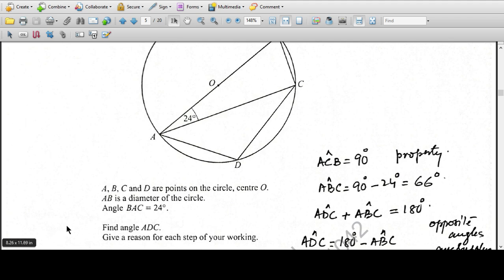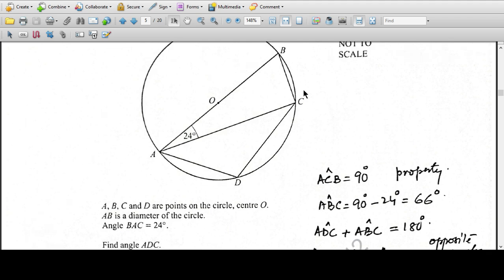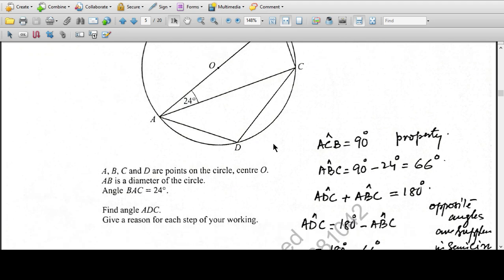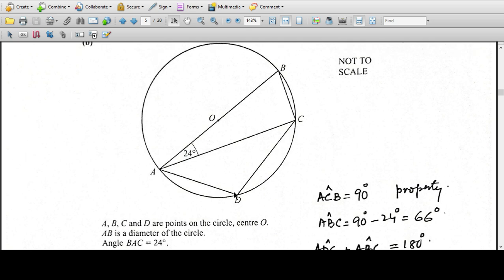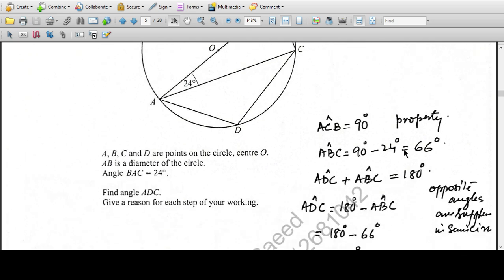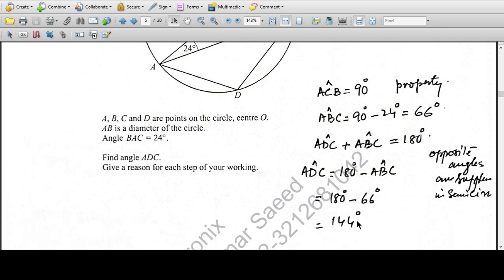And now angle ADC and angle ABC are always 180 because they are opposite supplementary angles. The addition of these two angles is 180 degrees, so we will subtract ABC from this total 180. We have already calculated ABC as 66, so we subtract 180 minus ABC and we get this angle ADC, which is 144.